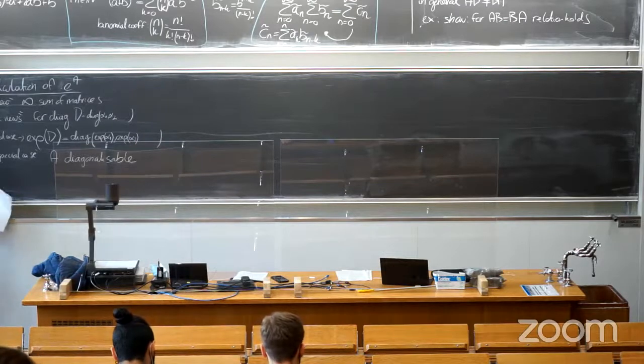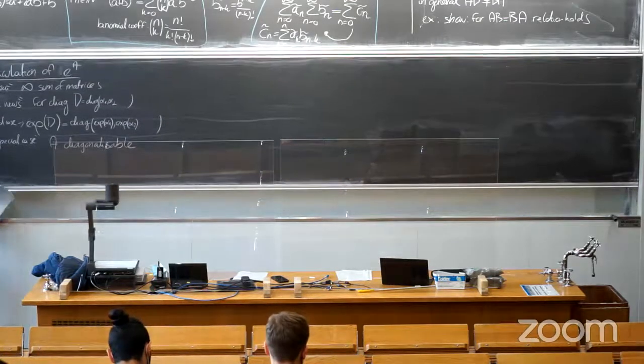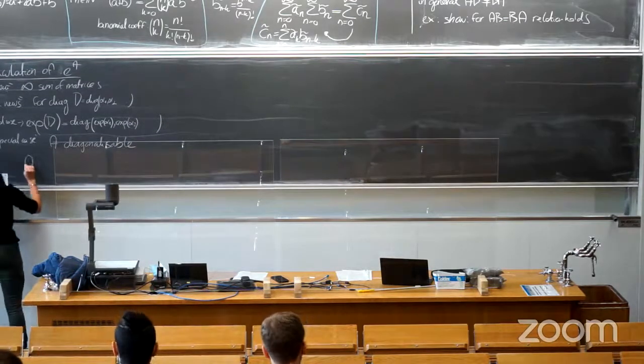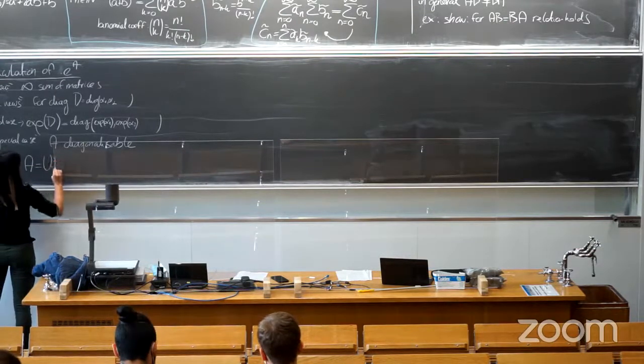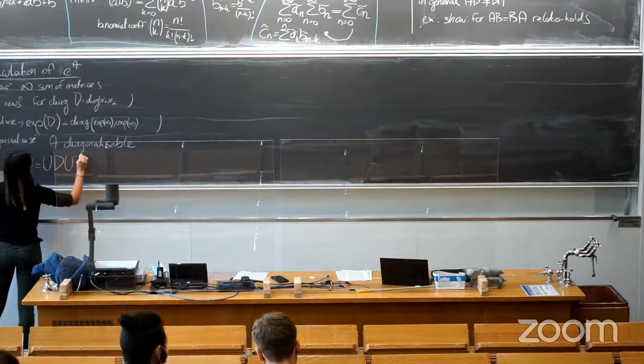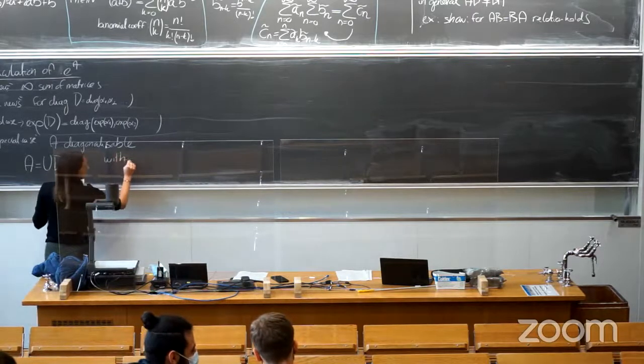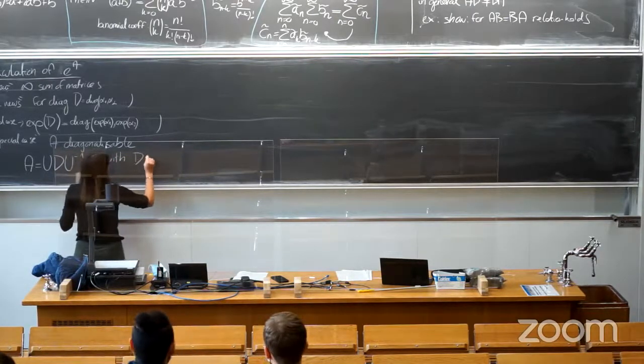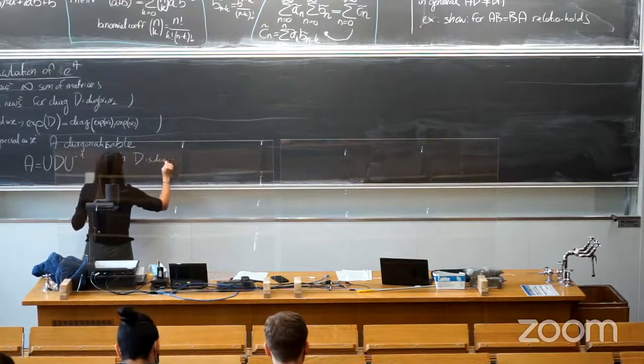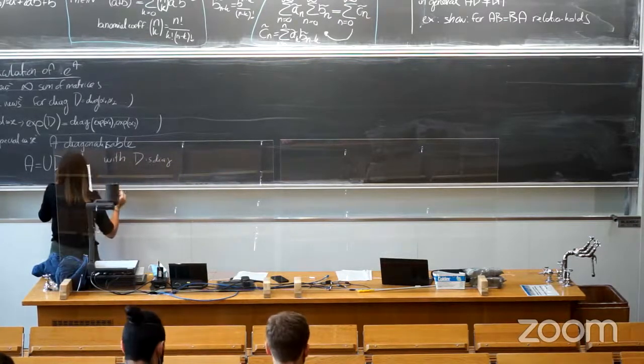If A satisfies this property, then we can write A equal U D U minus 1, with D diagonal and U unitary.